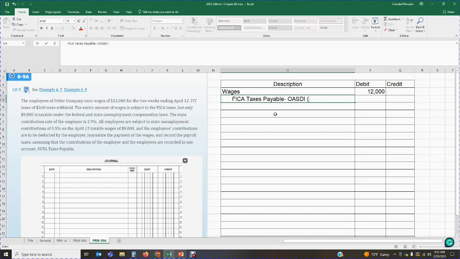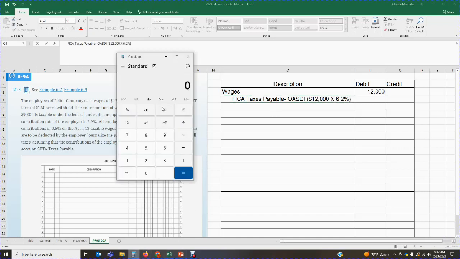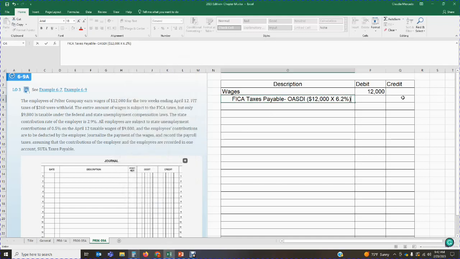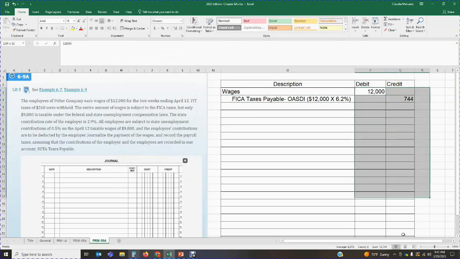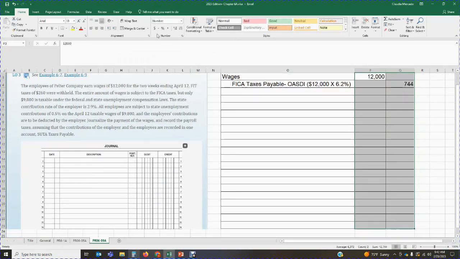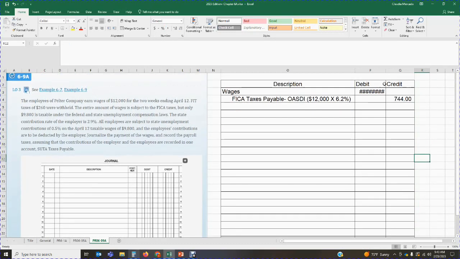For purposes of our tax calculation, we're going to get the entire amount of our wages times my OASDI rate of 6.2%. 12,000 times 6.2% gives me $744. So that is going to be a withholding. Remember, anytime that you have the word payable, that's a liability account. My normal balance is a credit.